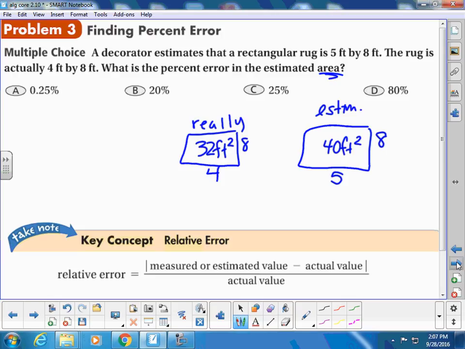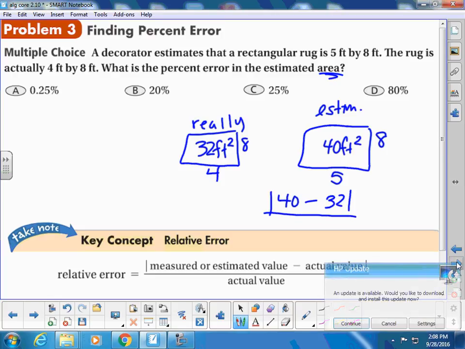So it says relative error, the absolute value of the measured or estimated value. She estimated it was 40 square feet, minus the actual value. The actual value was 32 square feet, and it's divided by the actual, which is 32. It so happens that it's a positive number. 40 minus 32 is 8, divided by 32.